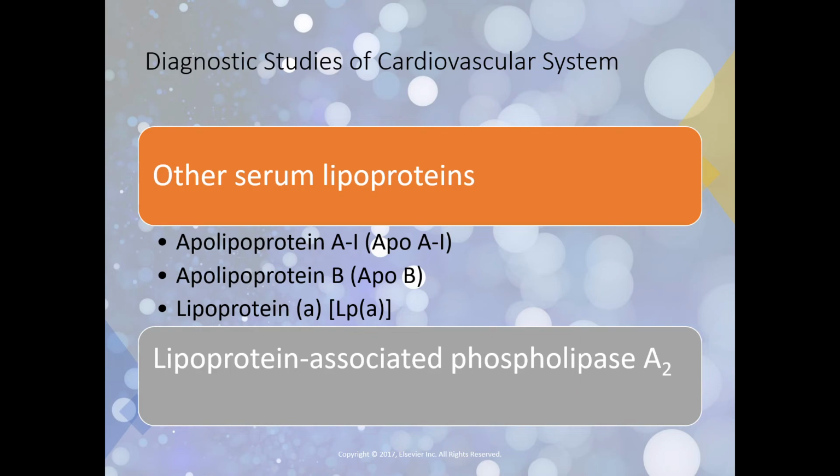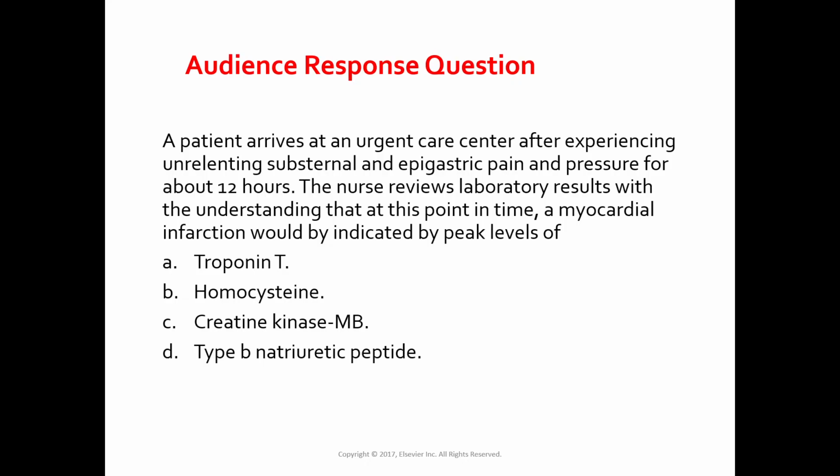I will say that the lipoprotein, the A2, the LP PLA2, is really a major inflammatory enzyme, and it plays a major role back at that molecular cell level of the inner lining of our blood vessels to create atherosclerotic plaques. And so if you have an elevated level of that LP PLA2, you're going to be at major risk for coronary artery disease, especially in African American women, but in everybody across the board as well.